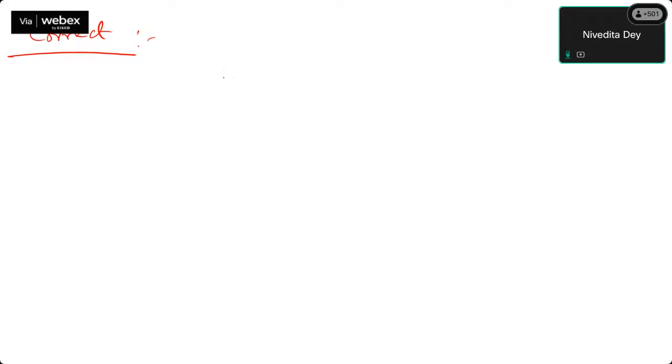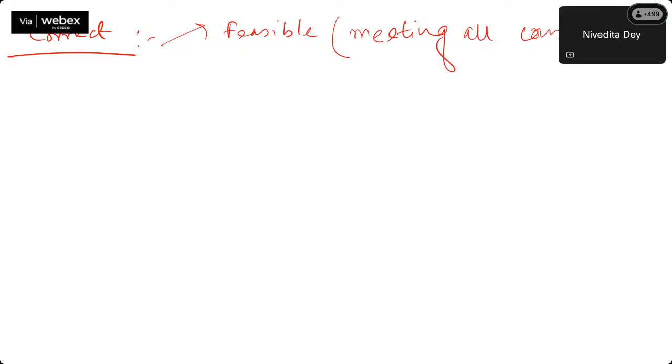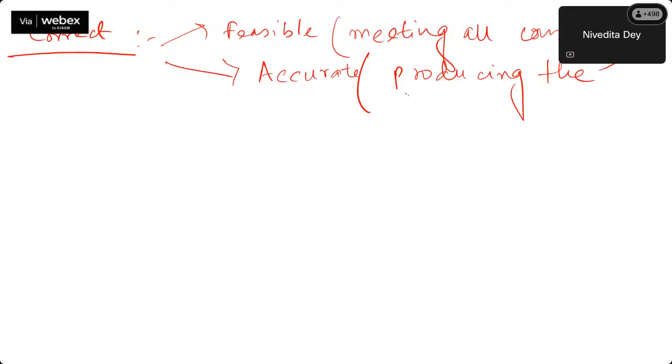Meaning they will be feasible. Feasible means meeting all constraints. Then they will be accurate, like producing the correct answer.